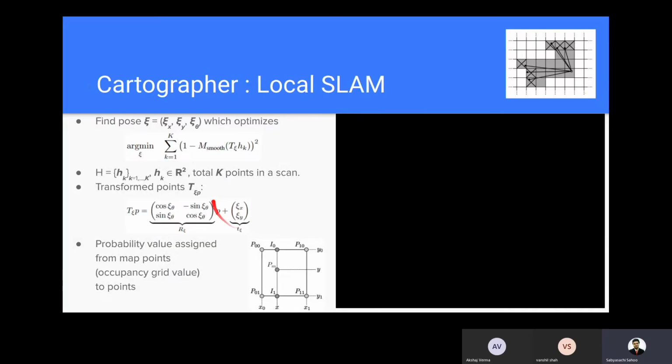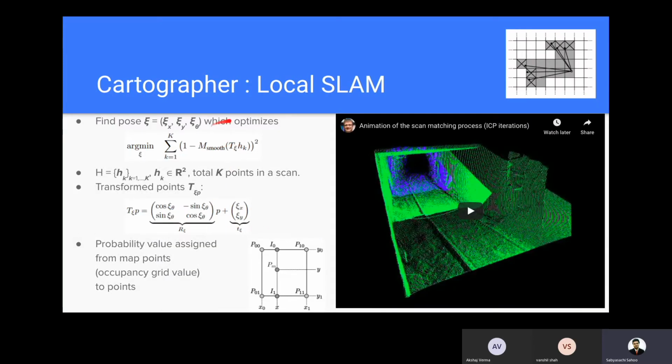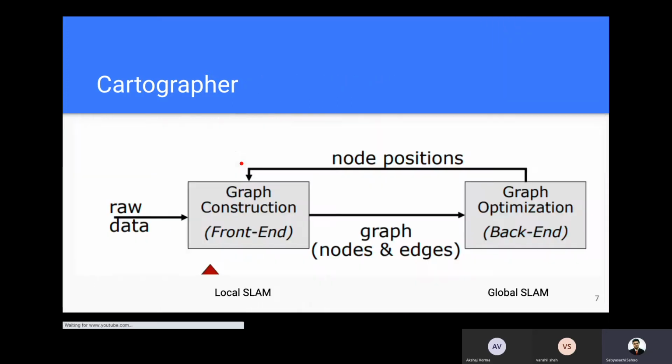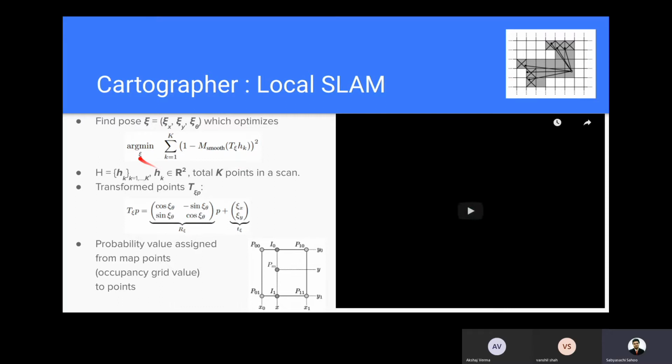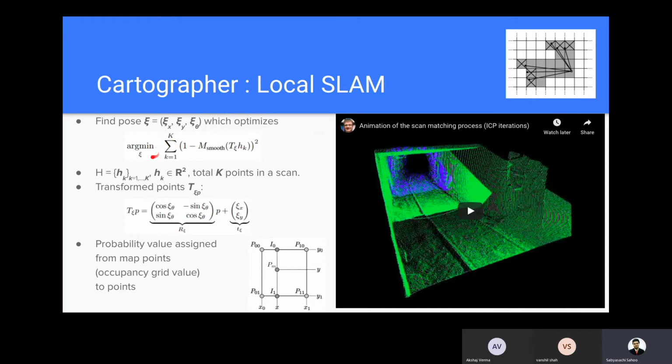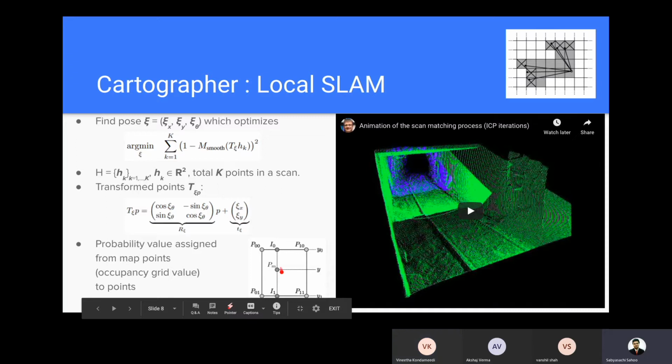So now we have slightly changed the flavor of how we were trying to solve this scan matching equation. Another point to note is that here we are trying to minimize 1 minus the map value of this second scan's point.